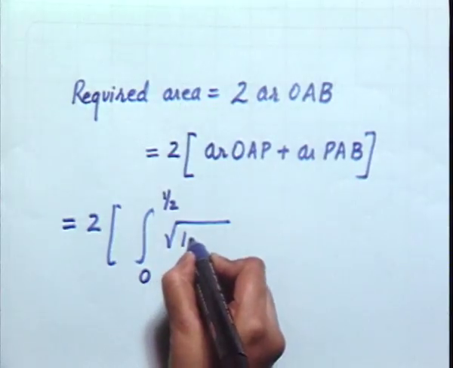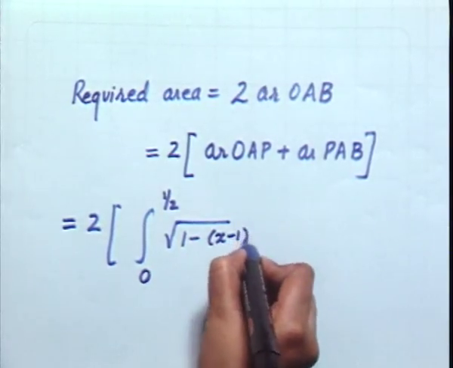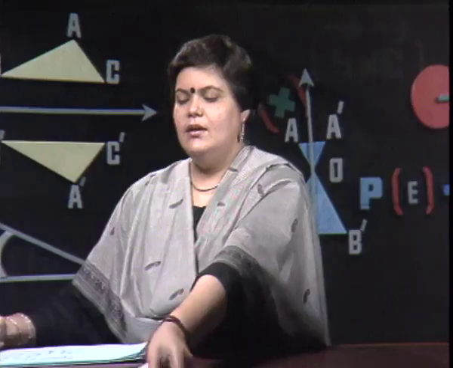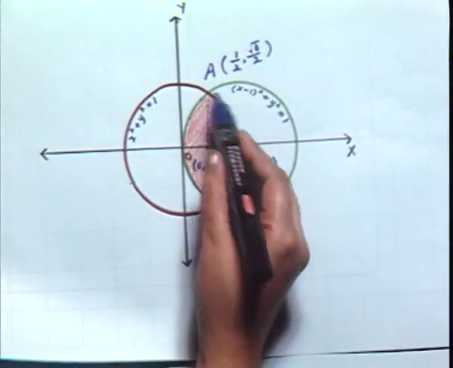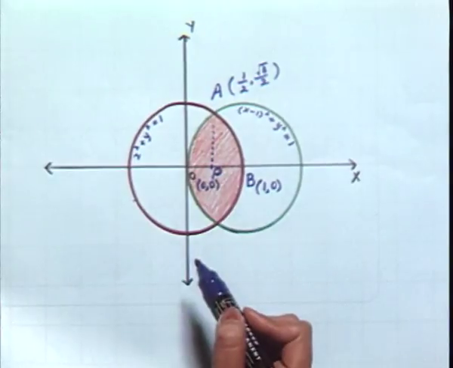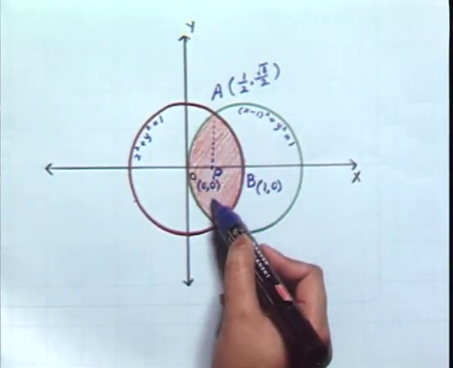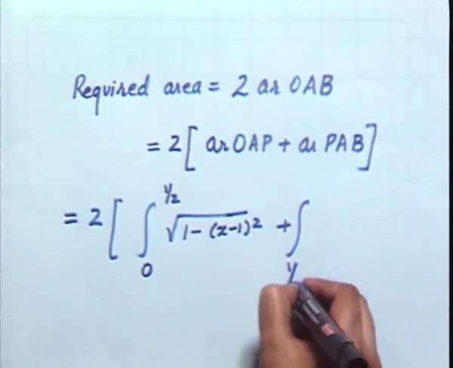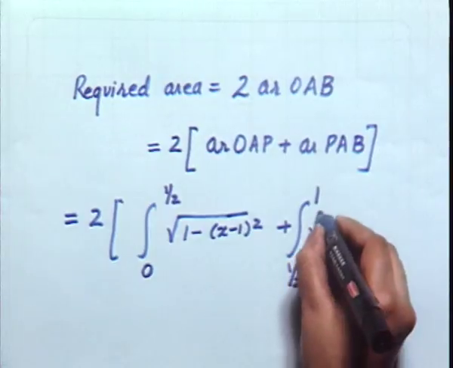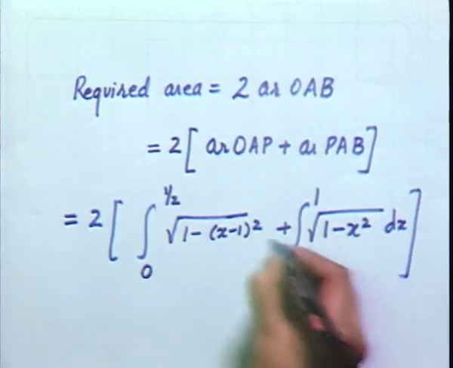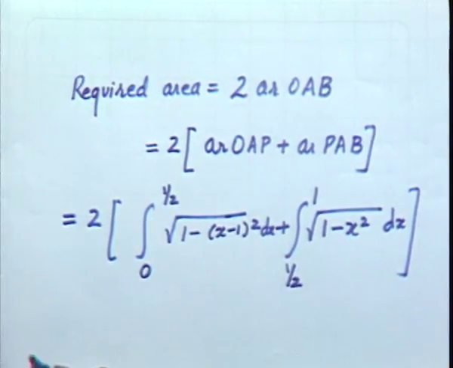So, it will be 1 minus x minus 1 whole square. Now again a change here, the area PAB comes from this line to the ordinate constructed at point B. So, it is x is equal to half to x is equal to 1, and the limits will be from half to 1 and the function is 1 minus x square in the square root.